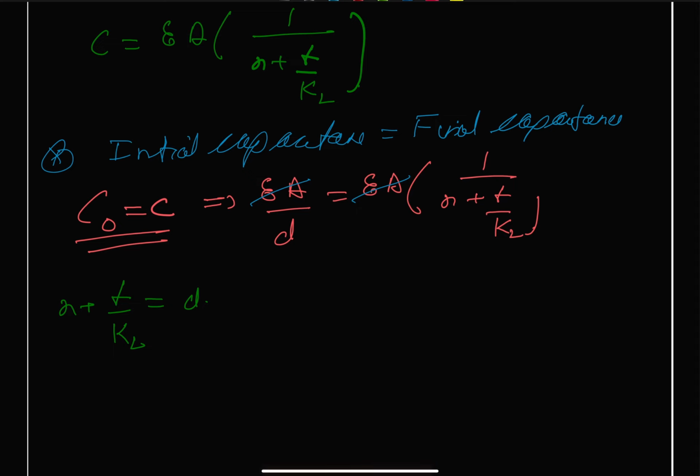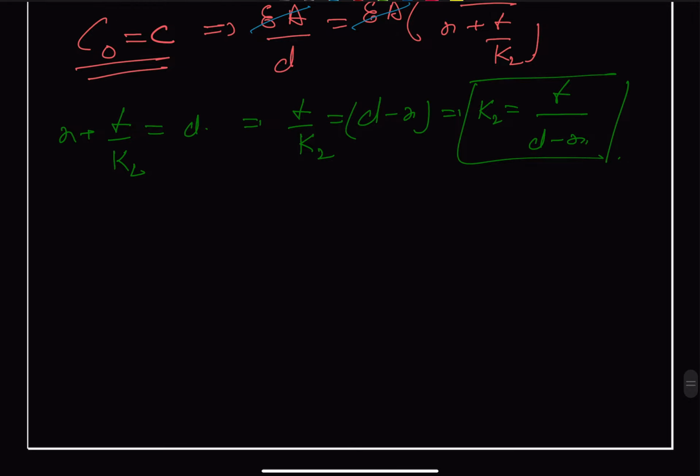We are interested in finding our value of K2, so we can say that T upon K2 is equal to D minus X, which gives that our K2 is equal to T upon D minus X, and we know all the values.